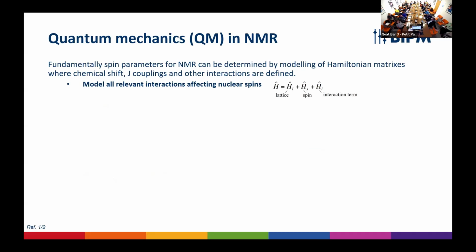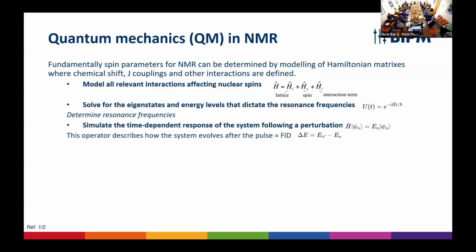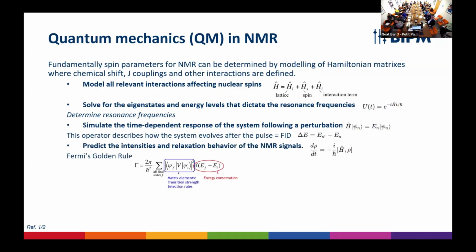We would need to model all these interactions in the mathematical model. Looking at the eigenstates and energy levels, which determine the resonance frequencies, we'd be looking at this equation. Then we need to simulate the responses, looking at the FID that's generated. All of these equations are how a lot of these spin parameters are determined through the quantum mechanics of the system.